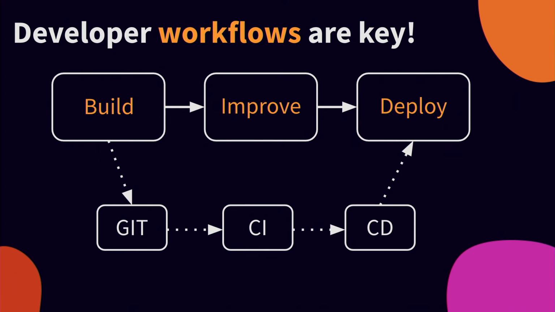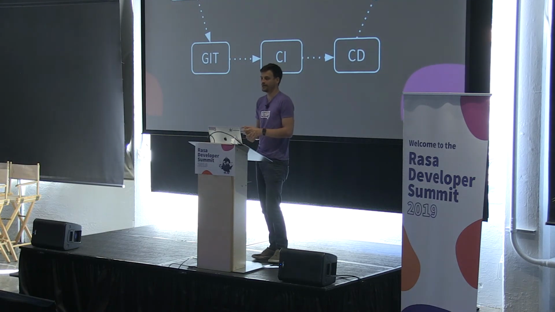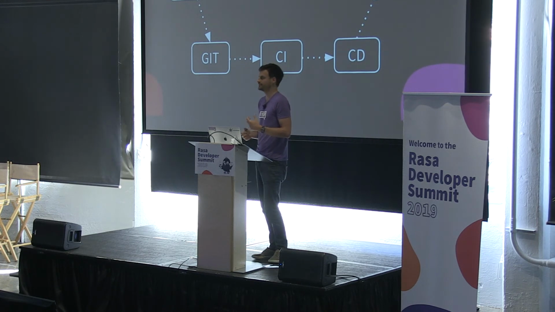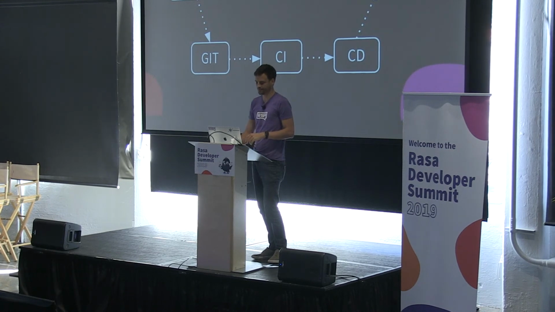And that is actually quite a tricky workflow for people working with Rasa or with machine learning models in general. Because you not only need to keep track of code, you need to keep track of training data, conversations users have with your bot to use as future training data, and also models, right? So all of these different pieces need to be kept track of and used for the final deployment.